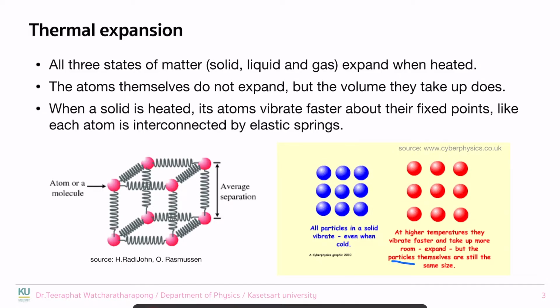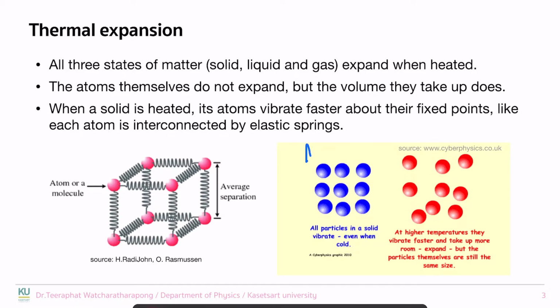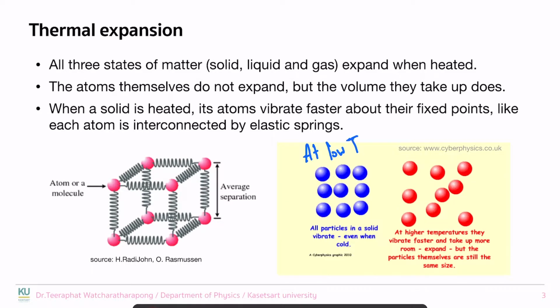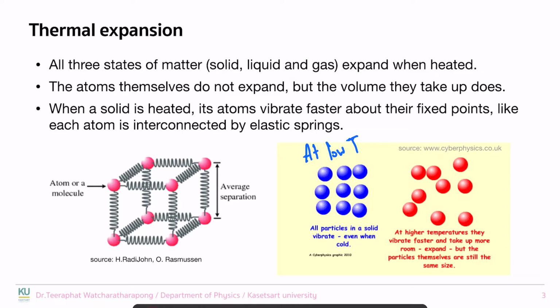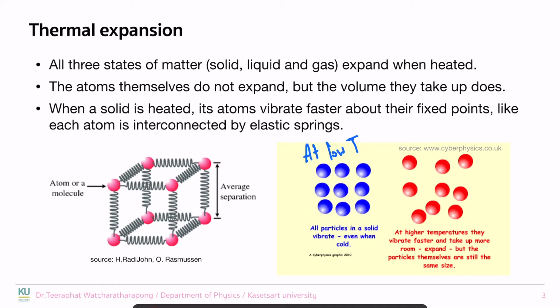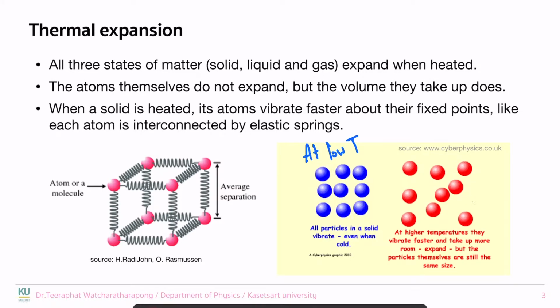So let's check out this figure. You can see the system at different temperatures. The left hand side is at low temperature. Even at very low temperature, atoms in the system are still vibrating. But what is different when you increase the temperature?